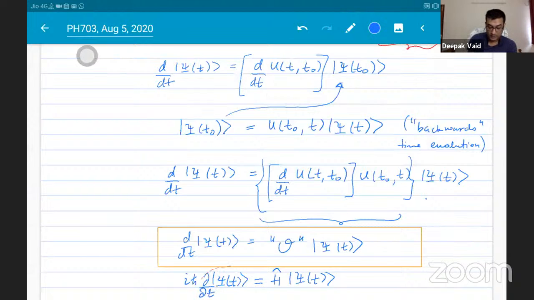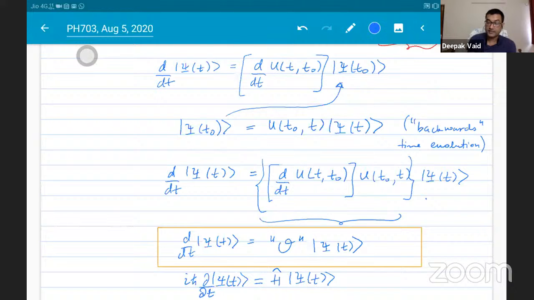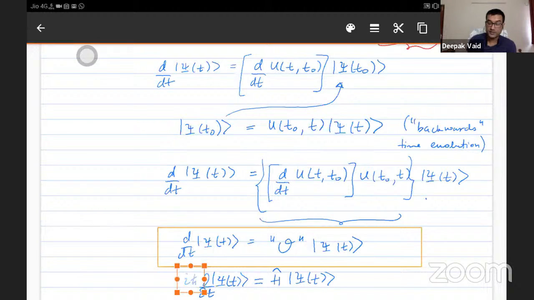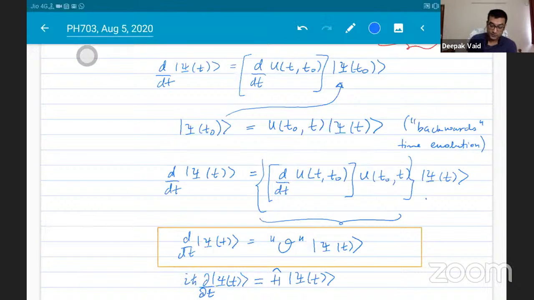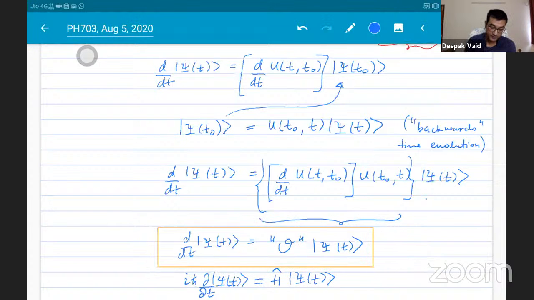On the left side, we have the time derivative of the state. On the right side, we have the state and some operator acting on it. The only difference is that we have this coefficient i h bar. So if we look at these two expressions, we can see that they are the same if we choose to define our Hamiltonian to be equal to 1 over i h bar times this operator O.